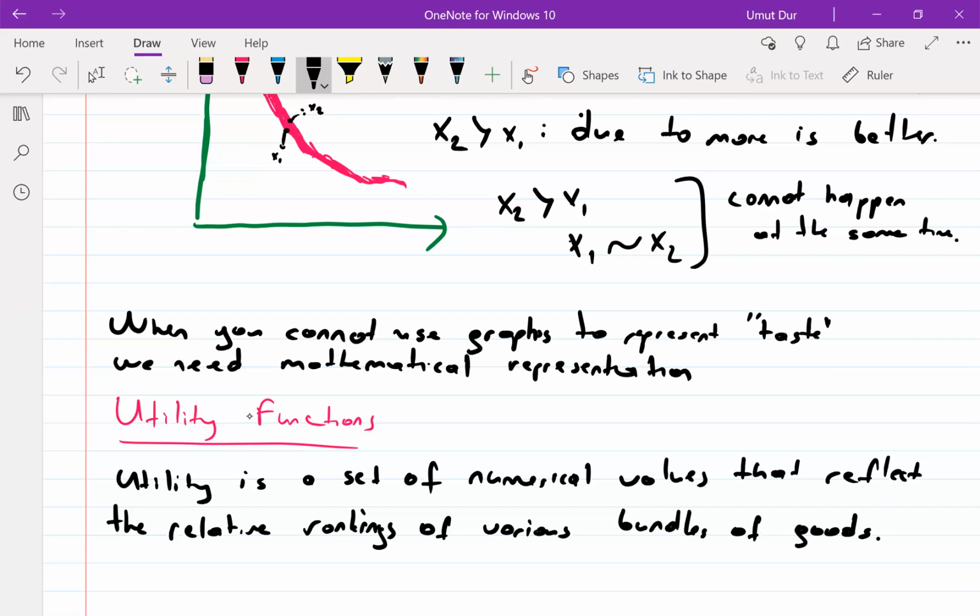What we only care about is that 6 is greater than 5, so the second bundle is more preferred to the first bundle. We are only interested in the relativity, not the magnitudes of the utility, because this utility is something that I'm making up. There is nothing called utility.